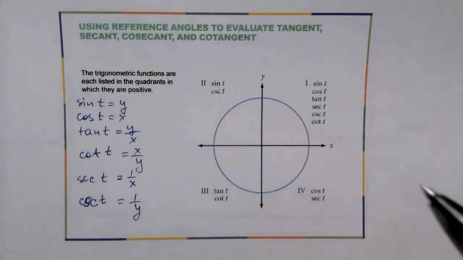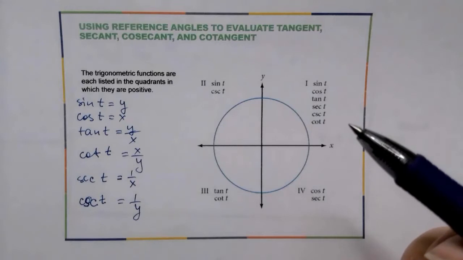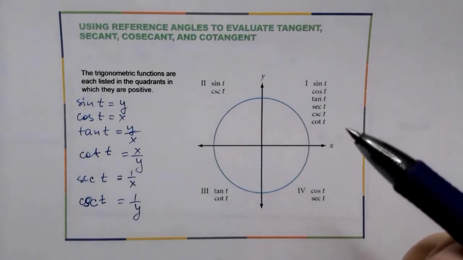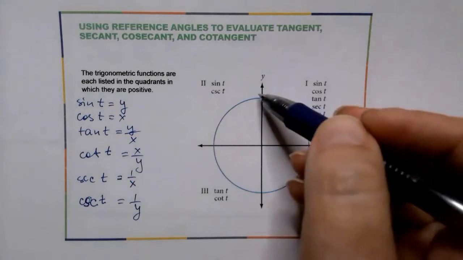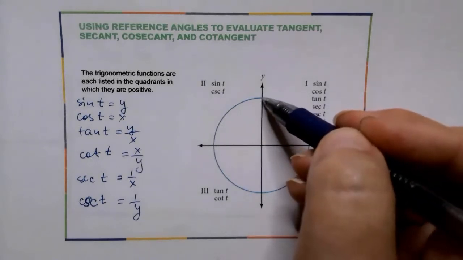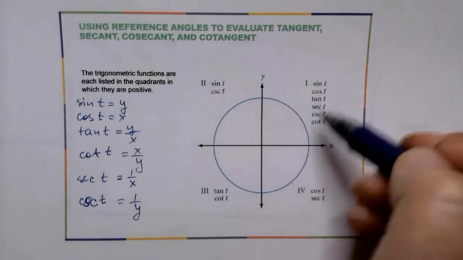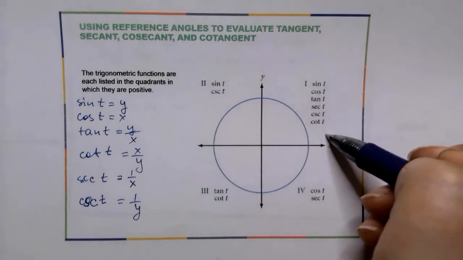And what we're going to do right now is discuss whether each function is positive or negative in a certain quadrant. So in the first quadrant, both your x and y values are positive. So all of your 6 trig functions are positive.